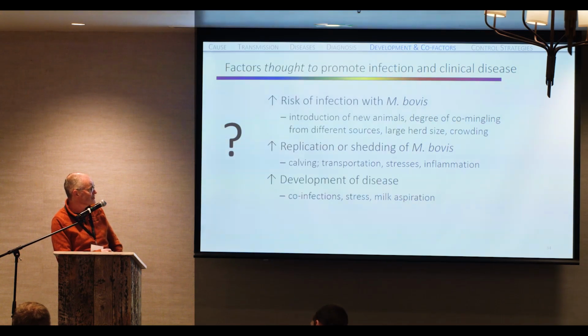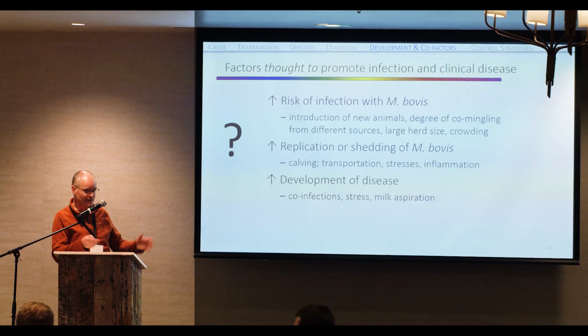If there's a large herd size, this would be most relevant to dairy herds, and if there's crowding of animals. And this makes intrinsic sense, I think, if it's an environment where there's a lot of animals coming together and they have nose-to-nose contact and very intimate contact, then it's more likely that the bacterium will spread a lot within that group.